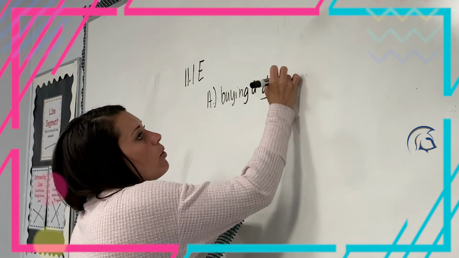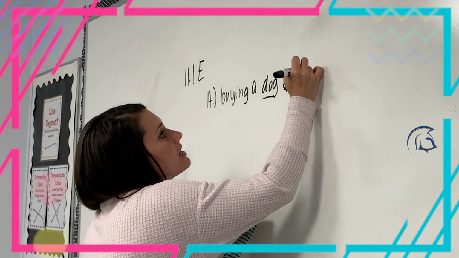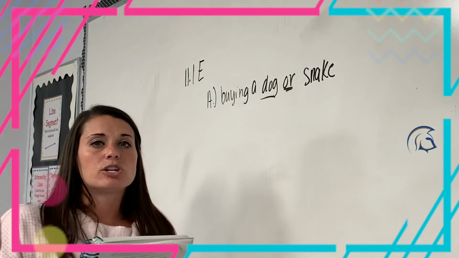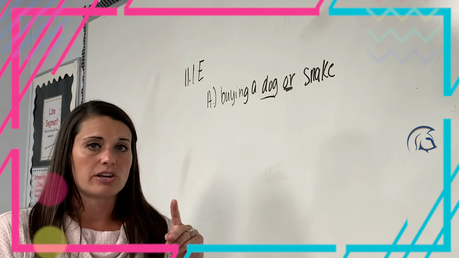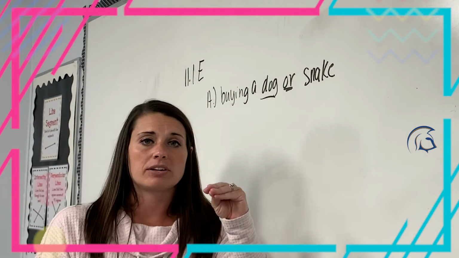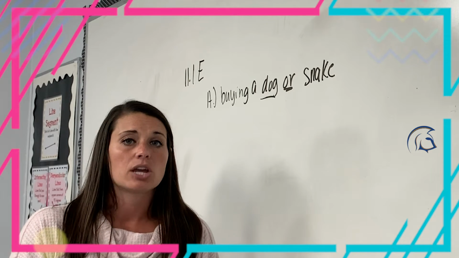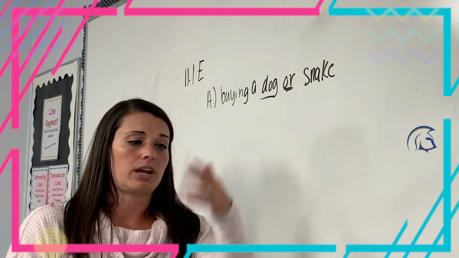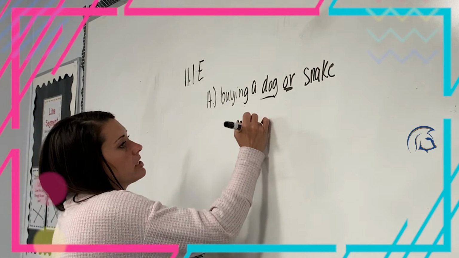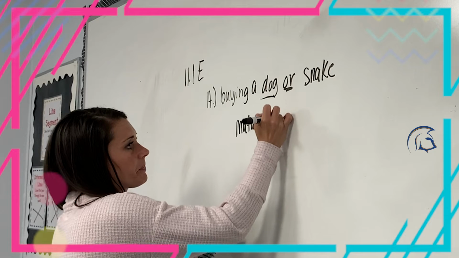A dog or, here's that word or, snake. Is that mutually exclusive? So how do you answer this? This is what you ask yourself. Can a dog be found in the same category as a snake? No, it's either or, either a dog or a snake. So this one would definitely be mutually exclusive, okay?